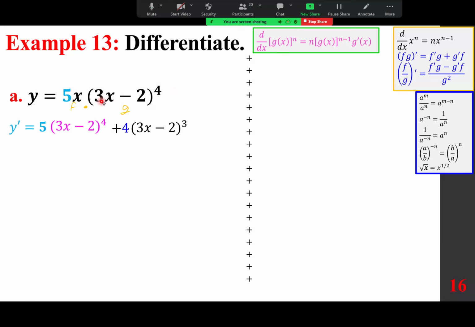And the derivative of the inside is 3 times f, 5x. Done with calculus. We can replace this with 4 times 3 times 5, 60x, so you can ignore that. This one is replaced with this one.